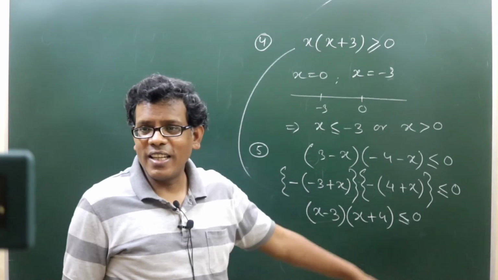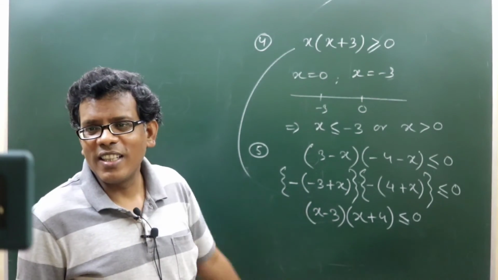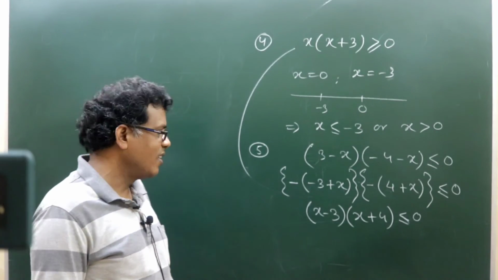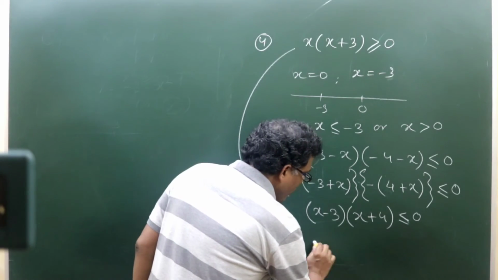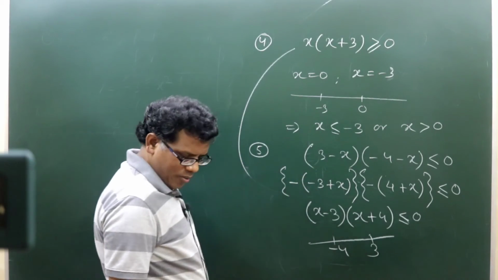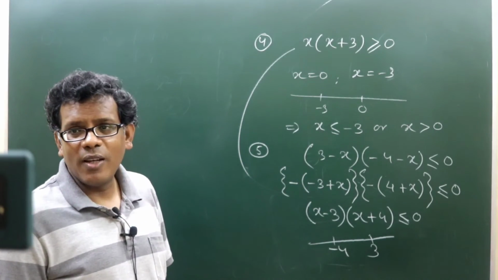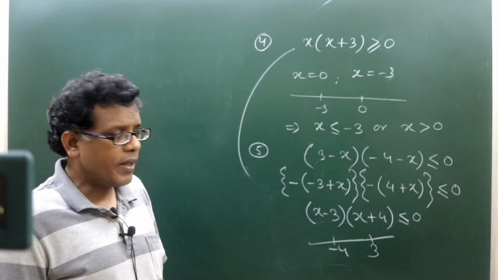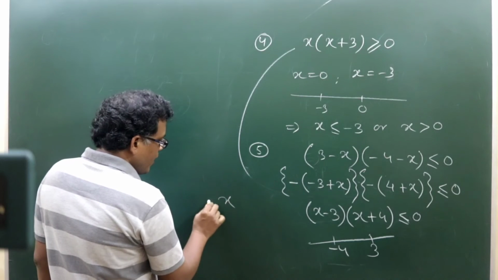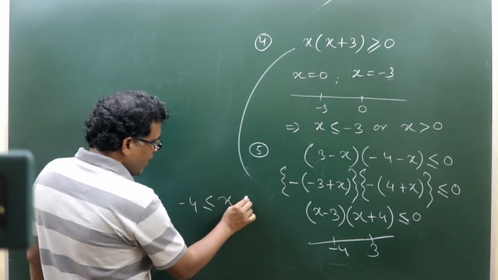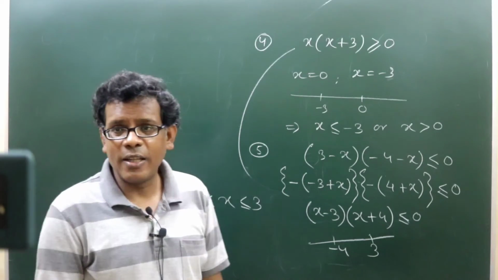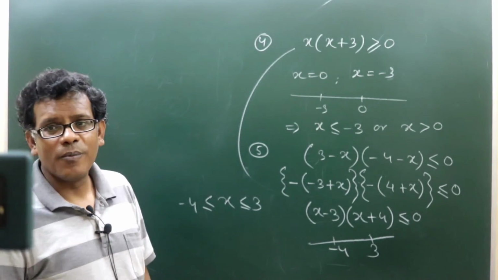As the product needs to be less than 0, yes, Divine, you are correct. So root values are minus 4 and 3. Minus 4 is the smaller value, 3 is the greater value. So we can make the argument that x should lie between minus 4 and 3 to satisfy this inequation. Yes or no?